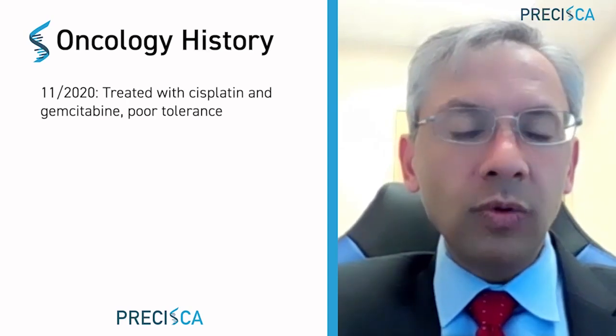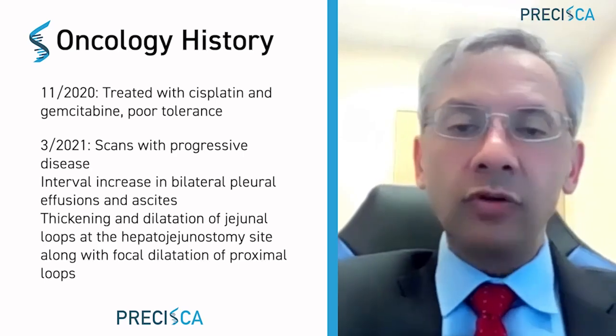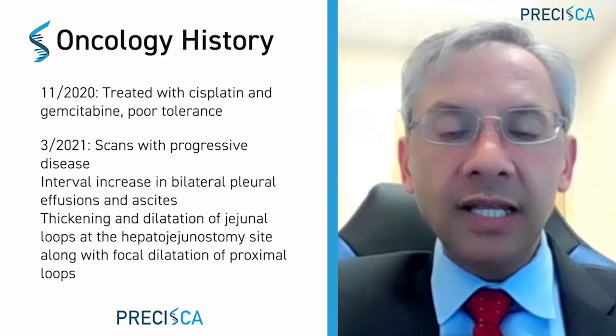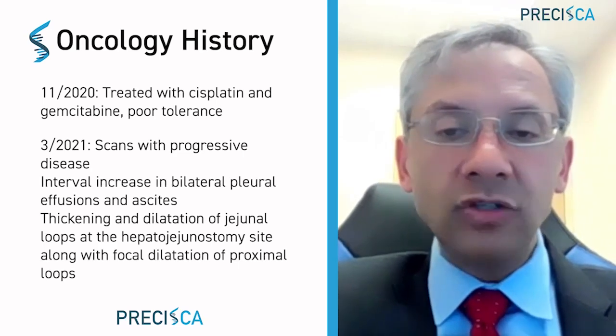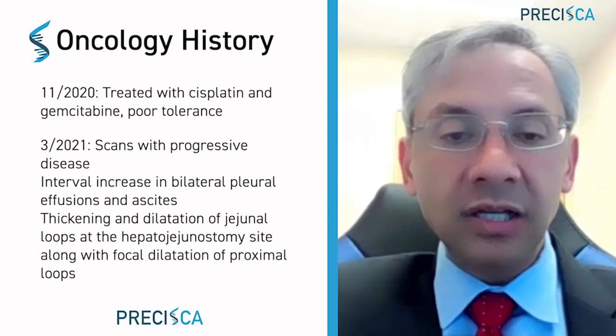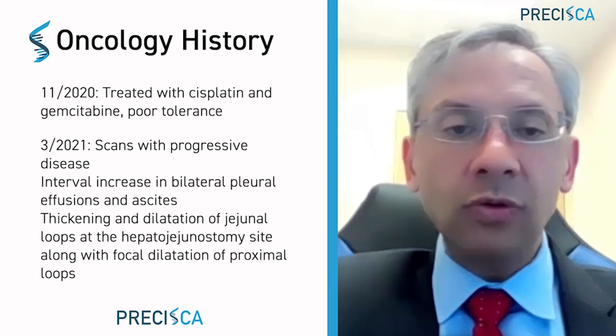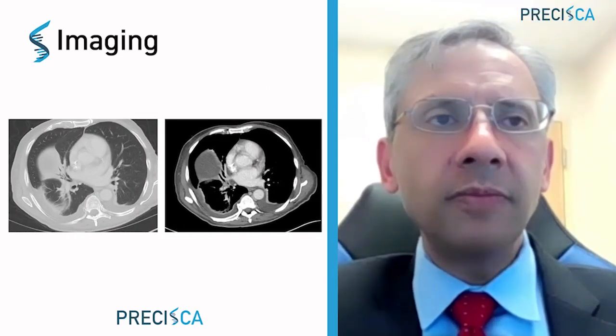And by March 2021, the patient had progressive disease on imaging, with interval bilateral pleural effusions and ascites, and also thickening and dilation of the jejunal loops at the hepatojejunostomy site, along with focal dilation of the proximal loops. So Dr. Siegel, if you want to walk us through this imaging. Sure.